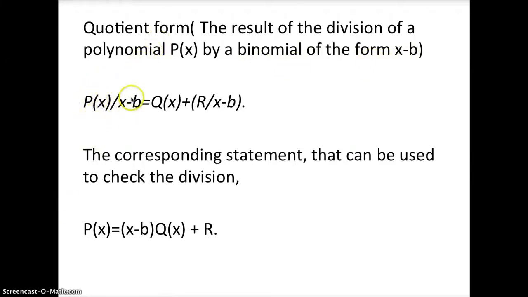P(x) divided by x minus b gives a quotient and a remainder over the divisor. The corresponding statement that can be used to check the division is P(x) equals x minus b multiplied by the quotient plus the remainder.